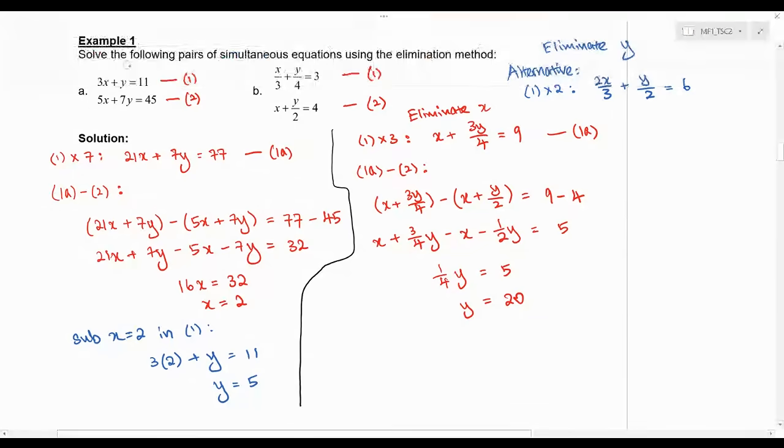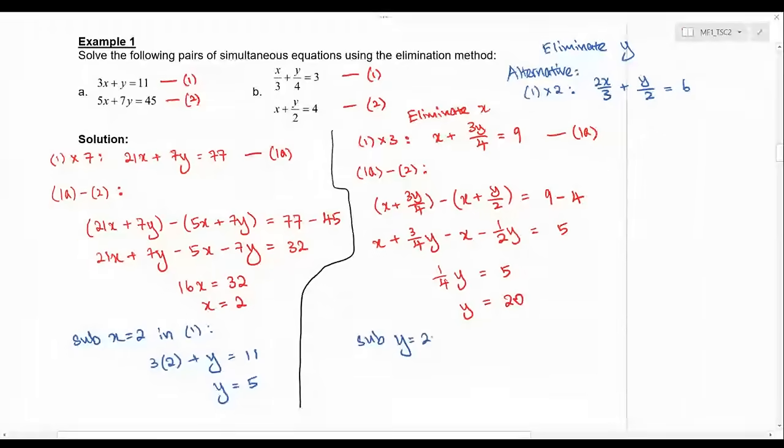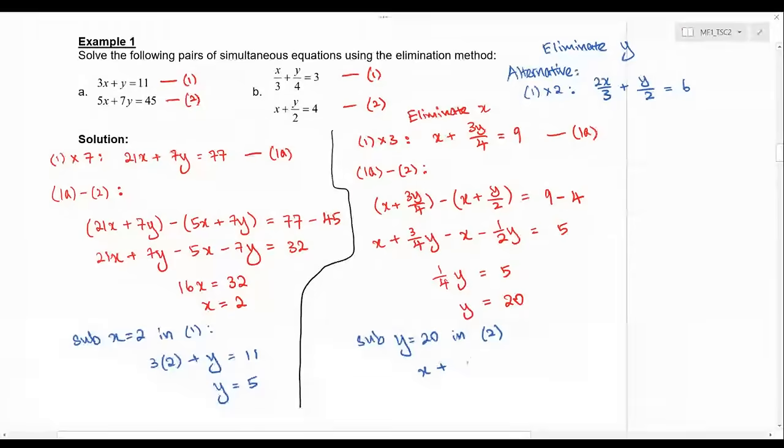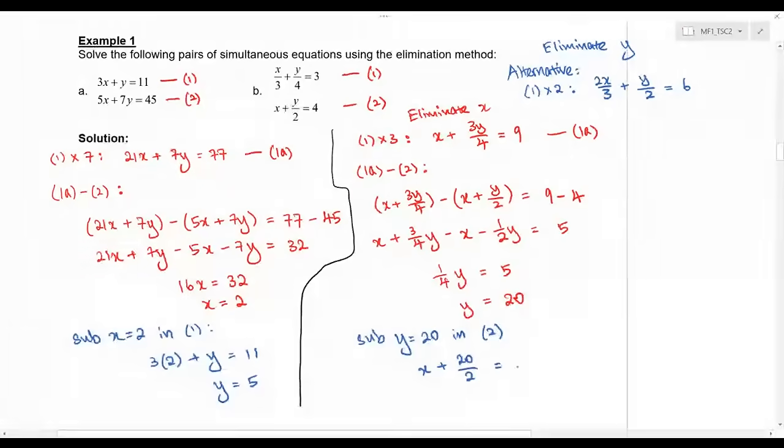Last but not least, you still have to solve for your x. So substitute my y equals 20. I am going to put it in equation 2, because equation 2 will be easier: x plus 20 over 2 equals 4. And 20 over 2 is 10, which means if you subtract both sides by 10, you can solve for x.